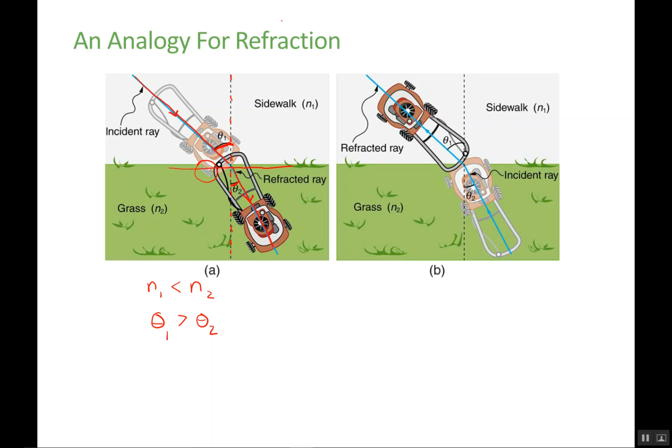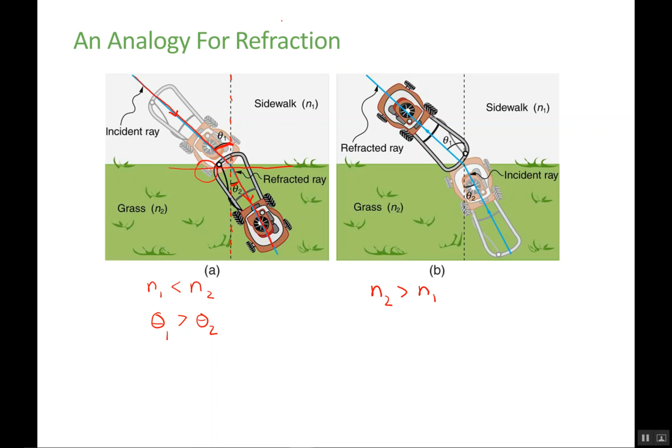All right, now in panel B, we see the other scenario where the lawnmower or the ray of light travels from a material where it travels more slowly into a material where it travels more quickly. The lawnmower goes from grass to sidewalk. The ray of light goes from a large index of refraction into a smaller index of refraction.